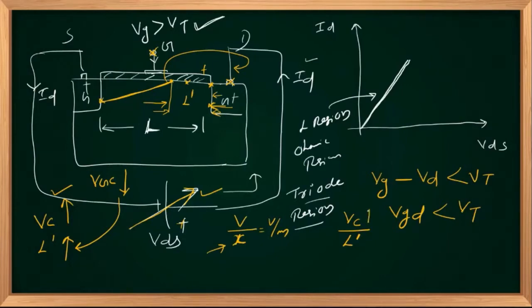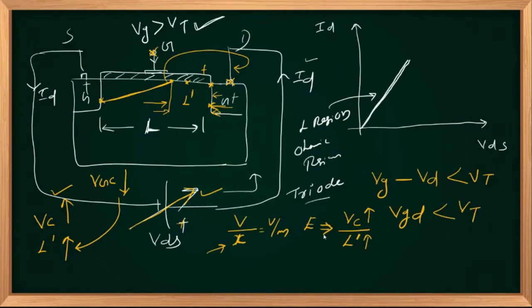VC increases, L also increases. That will give me my electric field constant. That is an ideal approximation. In a practical sense, the voltage to L dash ratio will never be a constant. The field will not be constant.